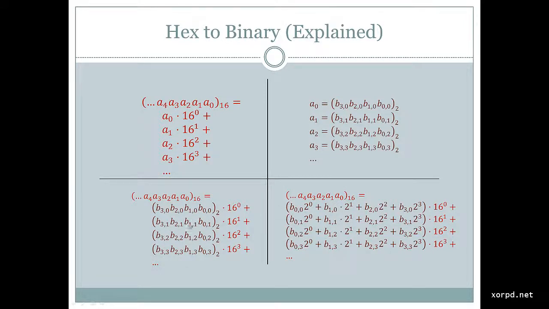And the same goes for the next one. I remind you, this is just A0, but it looks different here. This part is also A0, and the next one, this part, is A1. This is also A1. They just look a bit different because we represented them in binary form. I remind you that all those B are just bits.